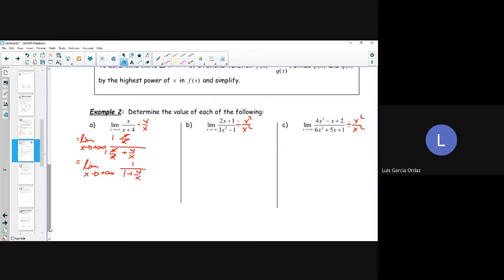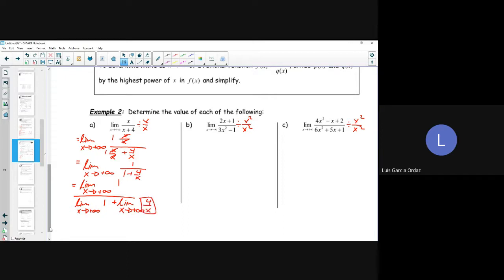But we know that the limit of anything that is a number a over x is going to approach 0. So the long way to do this is write the limit as x approaches positive infinity of 1 over the limit as x approaches positive infinity of 1 plus the limit as x approaches positive infinity of 4 over x.